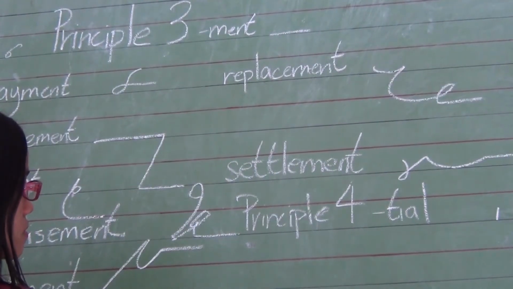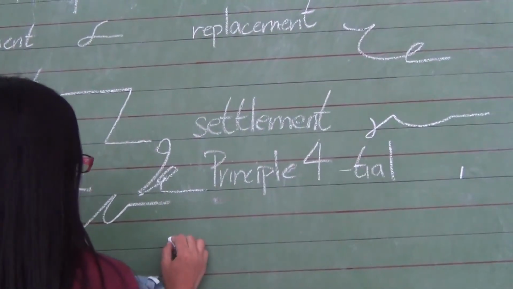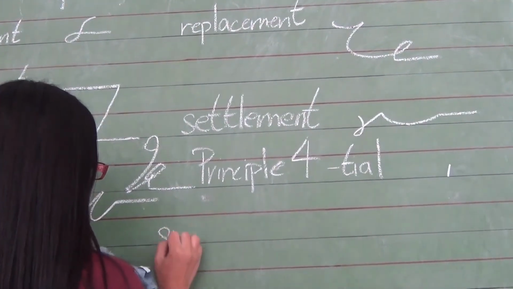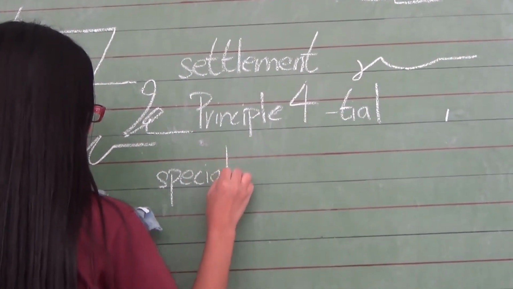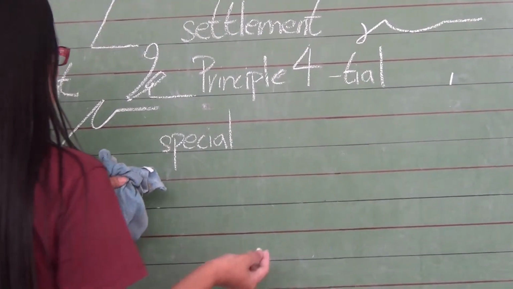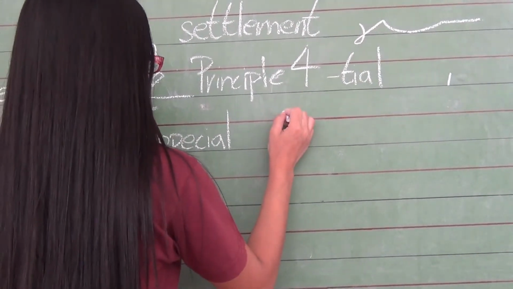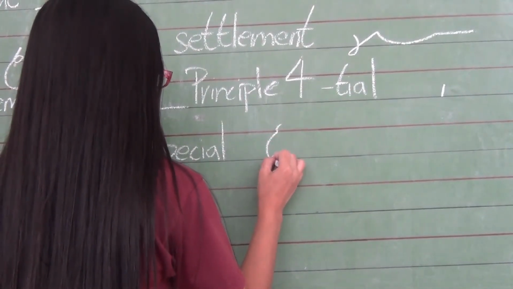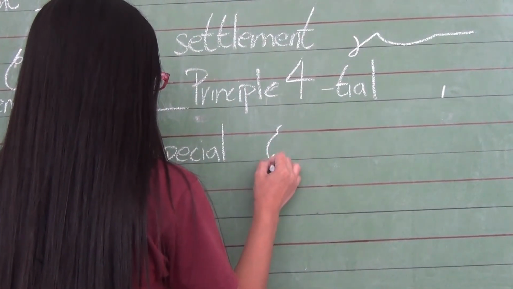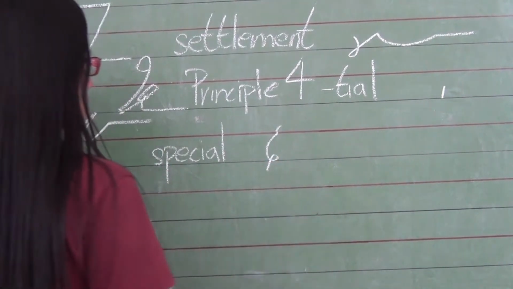Example, special. It is represented by S, P, E stroke, and each stroke.